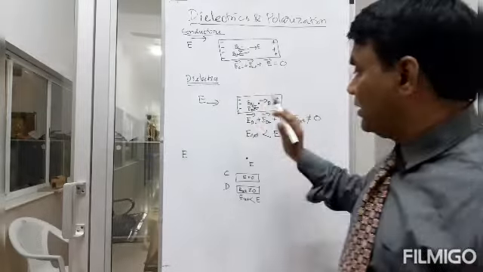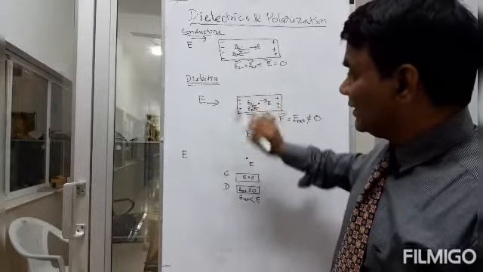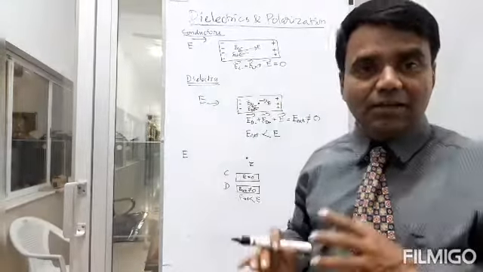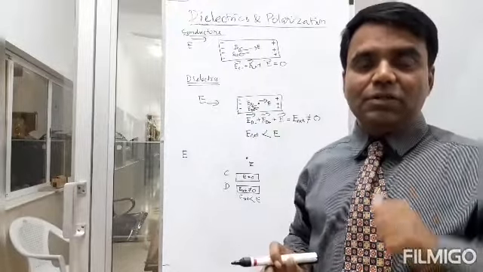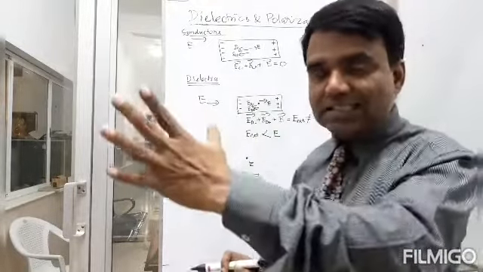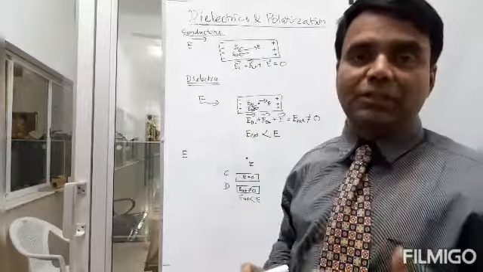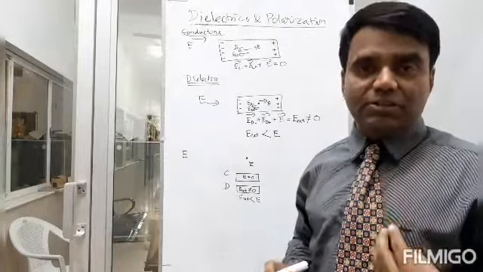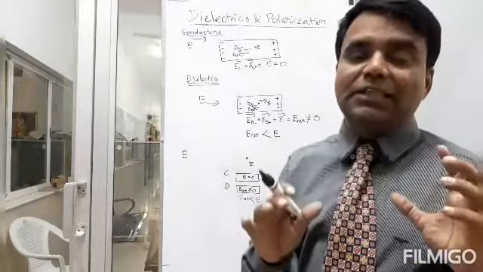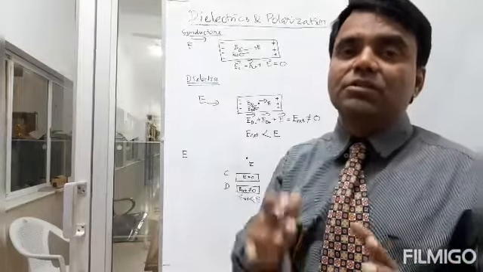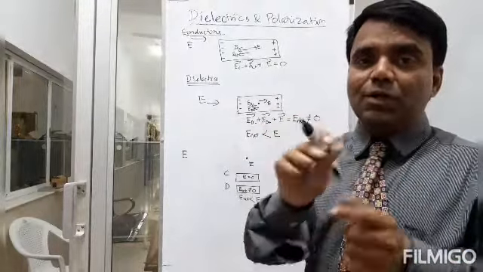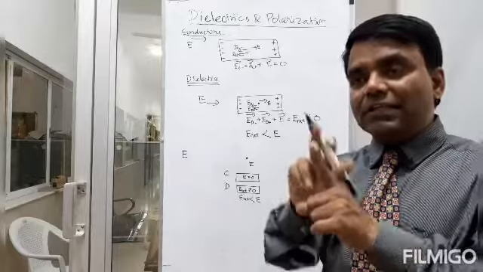So this is how these substances behave. A conductor completely cancels out the electric field, but a dielectric material doesn't completely cancel out the electric field. It reduces the field value by setting up a field in the opposite direction.